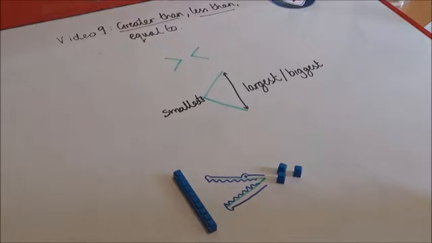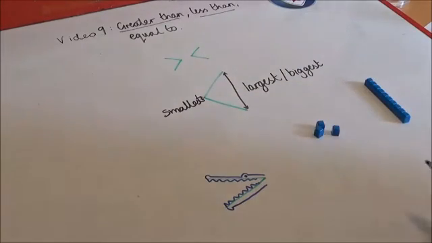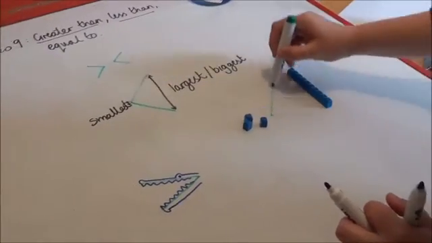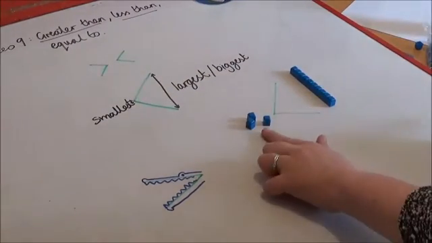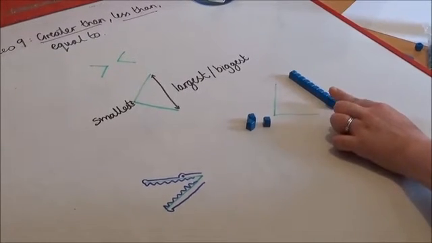And depending on which order it is, that's how we'd actually use that symbol. So here I'd say that 10 is greater than 3. But if I was to put it the other way around, I'd say that 3 is less than or smaller than 10.